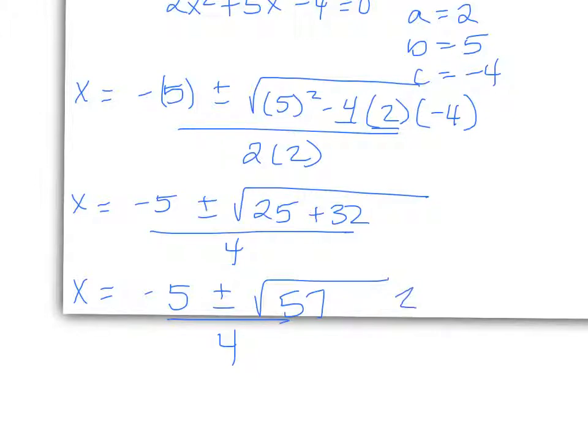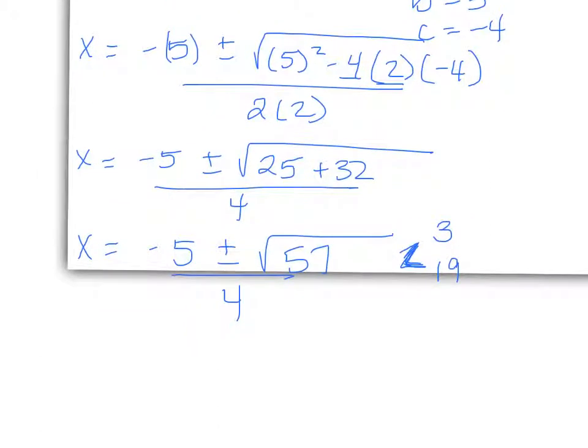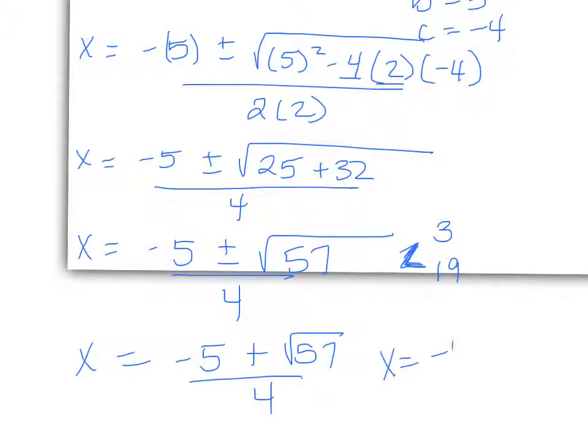Oh, let's see, it's divisible by 3 and 19. Nope, that is the only thing. So 57, you can't reduce anything. So you're going to be left with x equals negative 5 plus root 57 over 4, and x equals negative 5 minus root 57 all over 4.